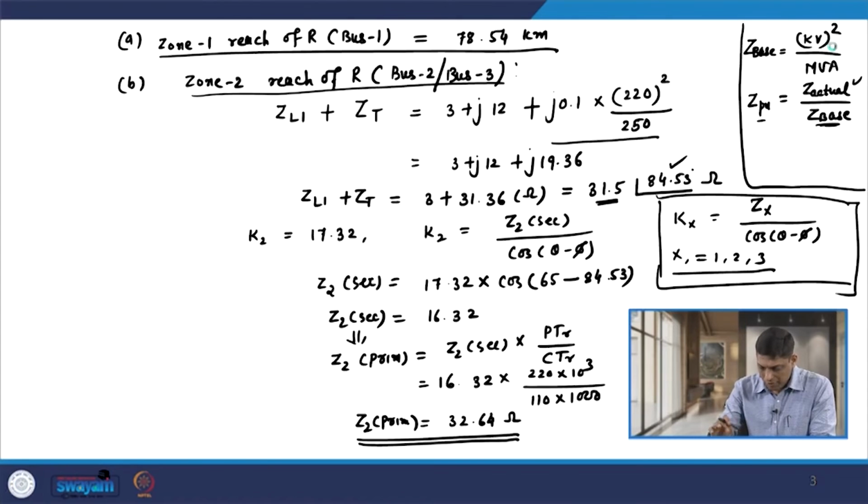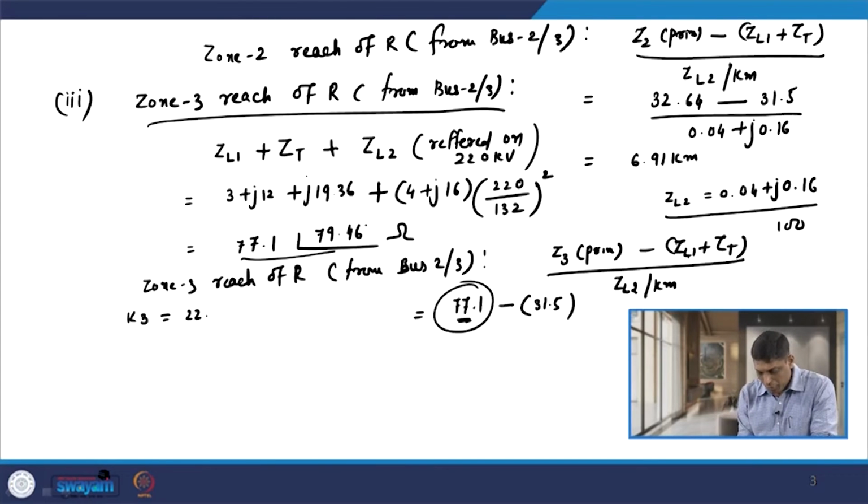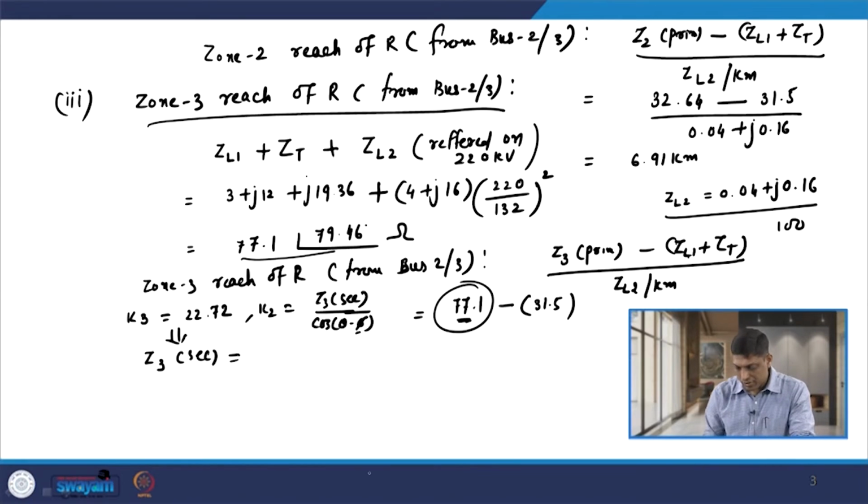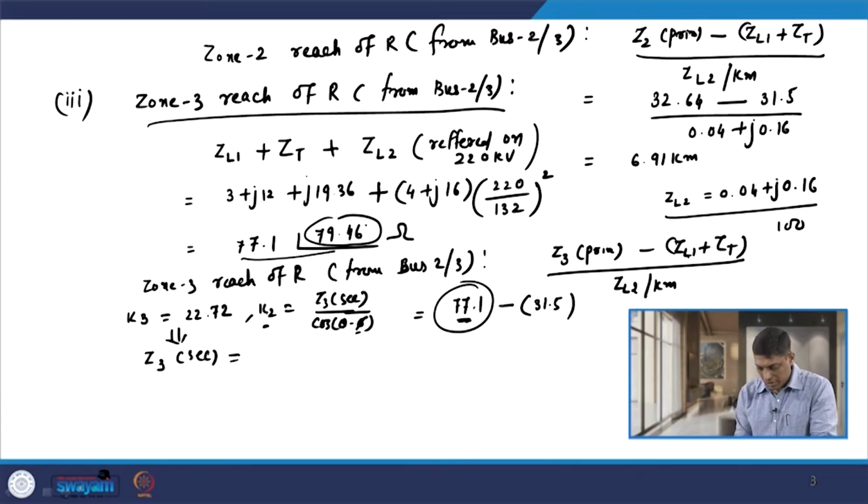So, if I use that value, you can find Z3 secondary using this equation, K3 is equal to Z3 secondary divided by cos of theta minus phi. Phi you need to use, that is this value, and theta is as it is, 65.